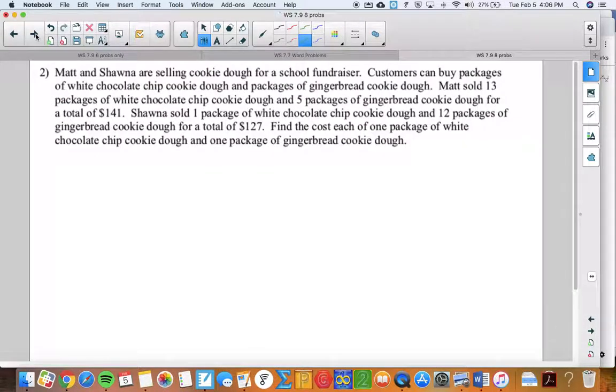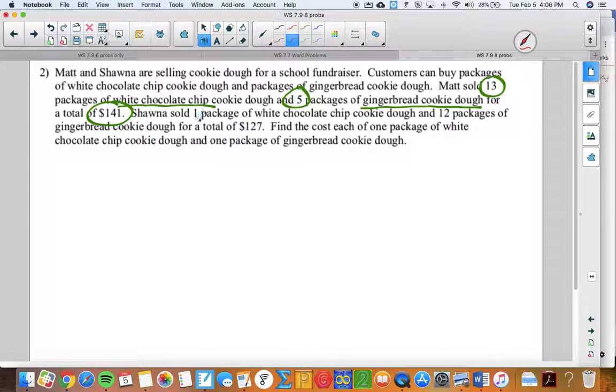I'm sorry. All right. Matt and Shauna are selling cookie dough for a fundraiser. Makes me hungry. Customers can buy packages of white chocolate chip cookie dough or gingerbread cookie dough. Matt sold 13 white chocolate chip and 5 gingerbread for a total of $140.